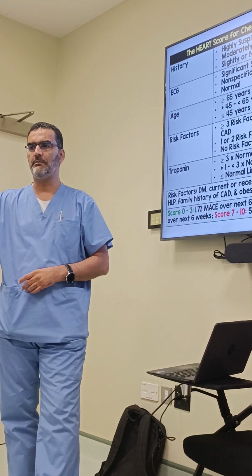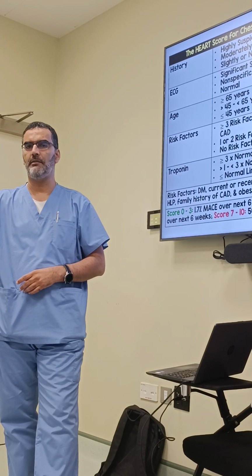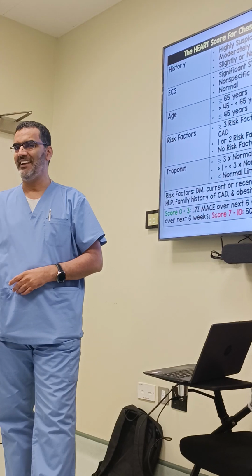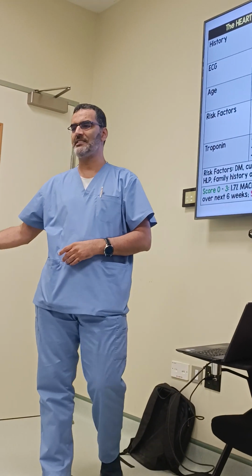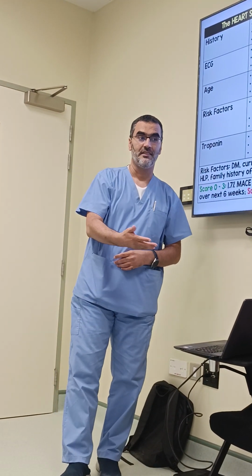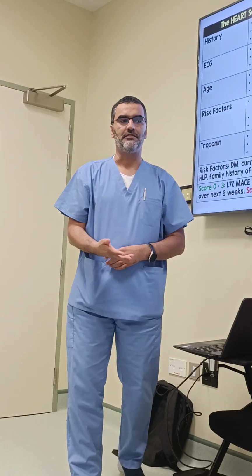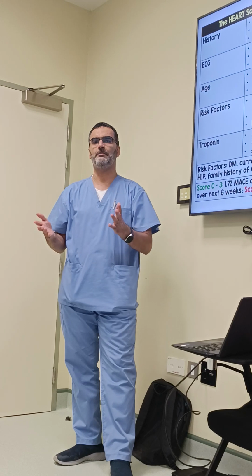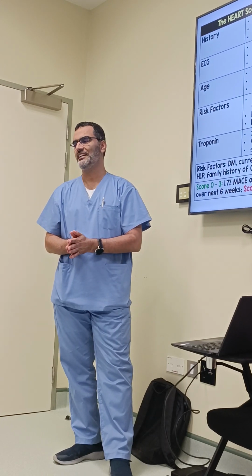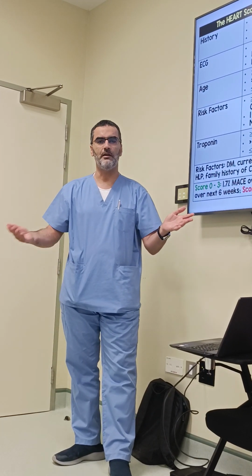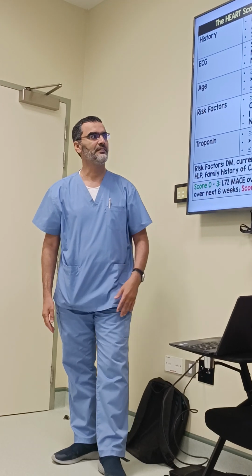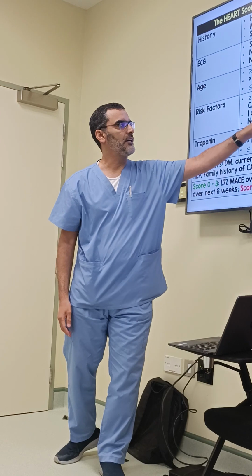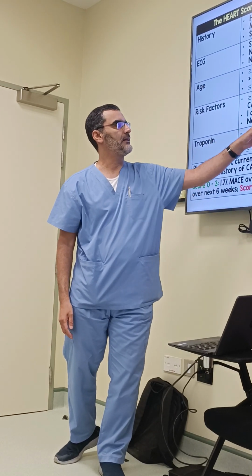For family history, if the patient's father died of MI at the age of 80, that is not significant. But if it was at 45 and younger, that is something to worry about. Less than 45 and he developed MI, that's a significant family history. But if he was 70 or 80 and developed MI, that's normal. If he has more than 3 risk factors, 2 points; 1 risk factor, 1 point; no risk factors, 0 points.